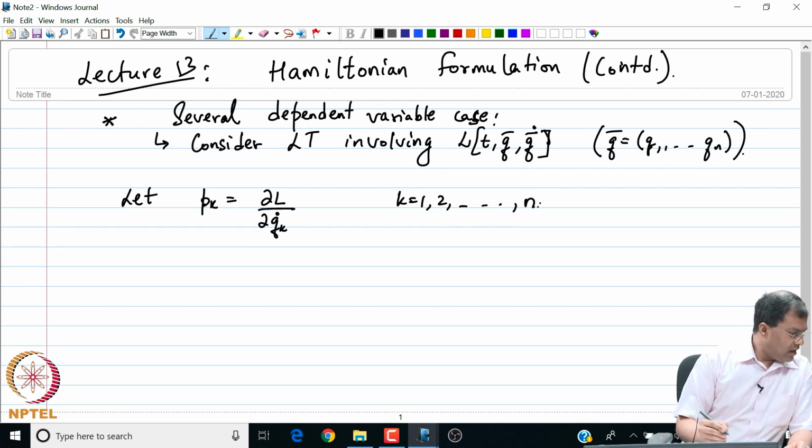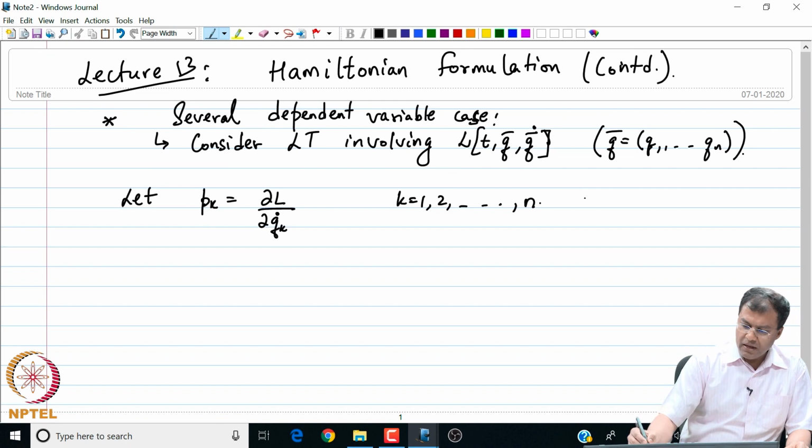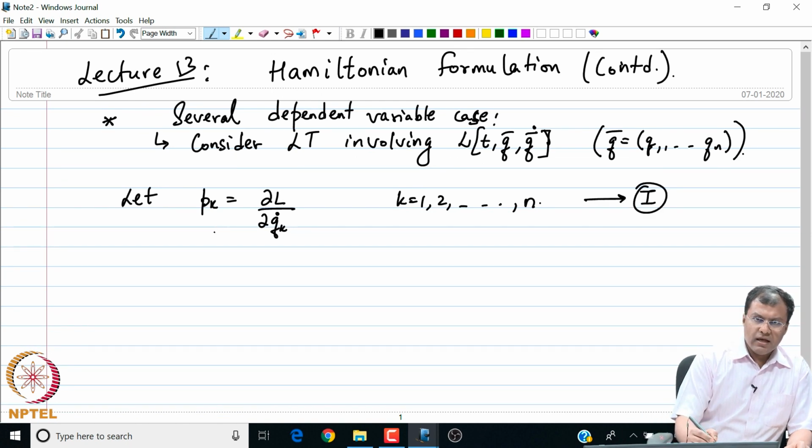Let me call this definition 1. This is my variable p. Now, we can also invert this relation to find qk dot in terms of pk, provided this inversion is possible. What I mean by that is certain higher derivatives are non-zero.